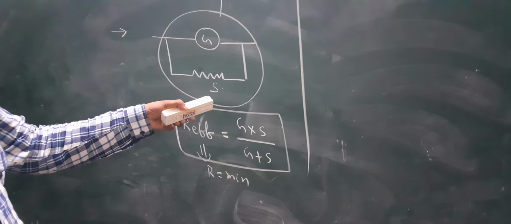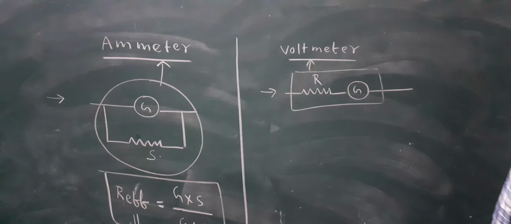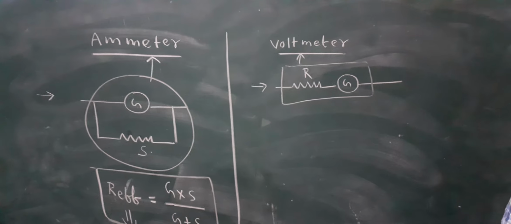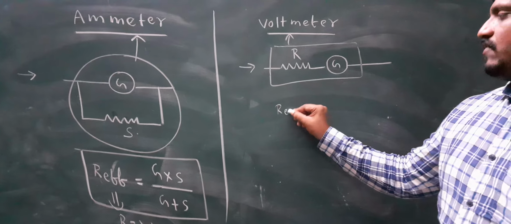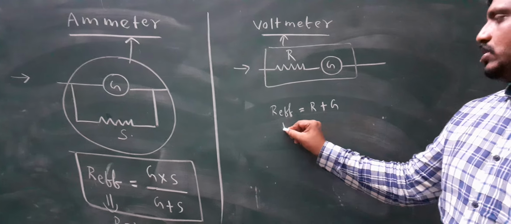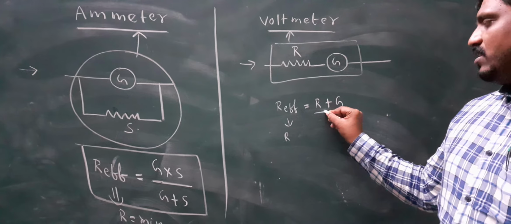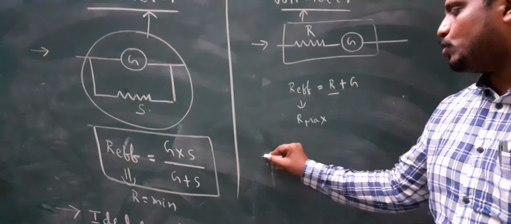A voltmeter means a very high resistance connected in series to the galvanometer. This total arrangement is called a voltmeter. Here the effective resistance is R plus G since both are in series. This is a very high resistance, so the resistance becomes maximum in the voltmeter.